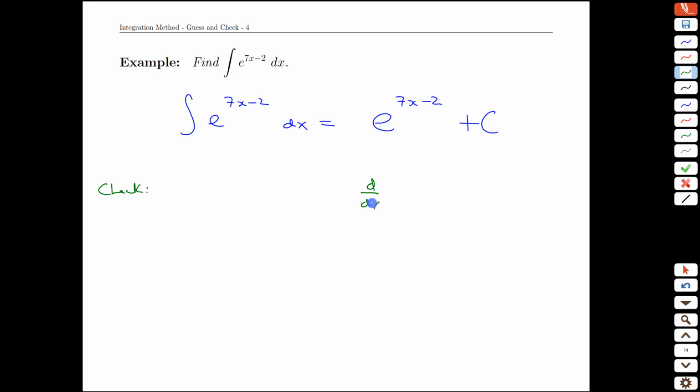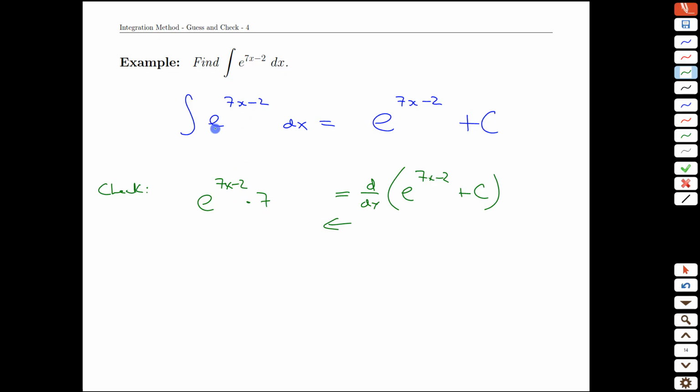We'll take the derivative of what we have here with the c, and we're going to go backwards, just for physical alignment here. The derivative of e to the 7x minus 2 is going to be e to the 7x minus 2 times 7. We take the derivative of that exponent.